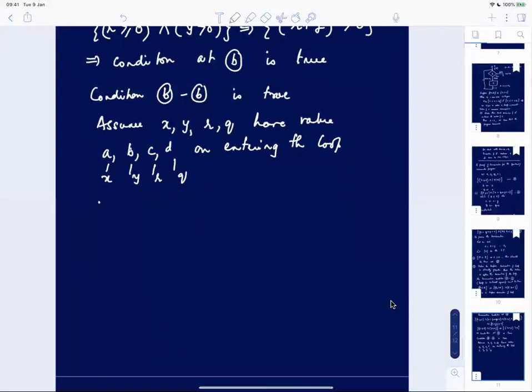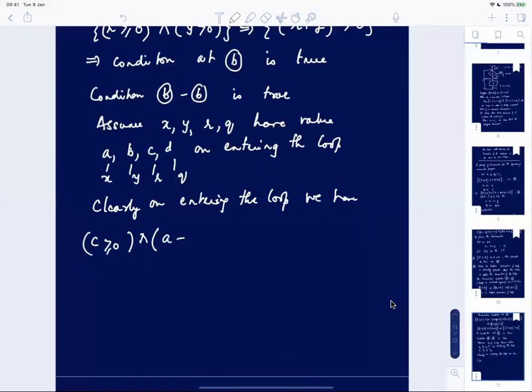Clearly, on entering the loop we have C greater than or equal to 0 and A is equal to B star D plus C and B greater than 0 and B is less than or equal to C. This is what we started out with.